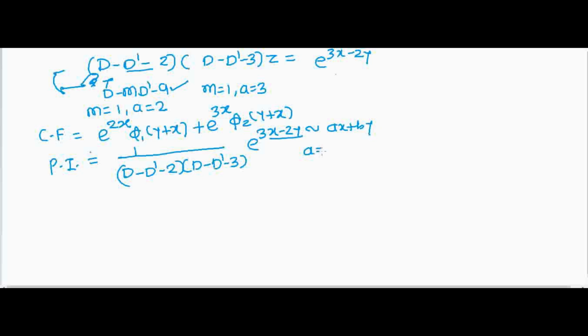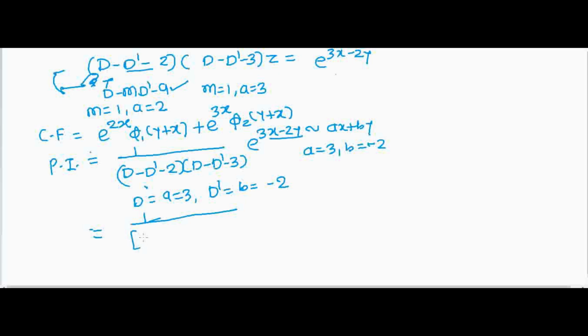We have a is equal to 3, b is equal to minus 2. Then put D is equal to a, that is 3 in this case, and D dash is equal to b, so D dash equal to minus 2 in this problem, and directly substitution will give us the particular integral.